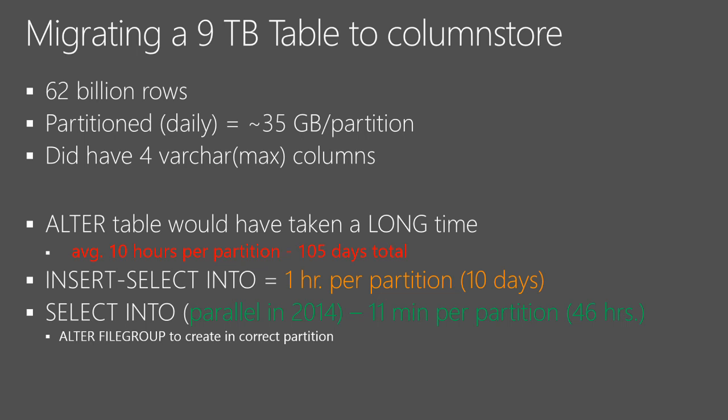When they were initially looking at it, they had 4 varchar max columns. So again, clustered columnstore index in SQL Server 2014 is not supported on LOB data types. That was a problem for them, but they really wanted to go to the clustered columnstore index. They saw great gains, potential, and realization when they actually went to it in terms of query performance, in terms of space savings, et cetera.